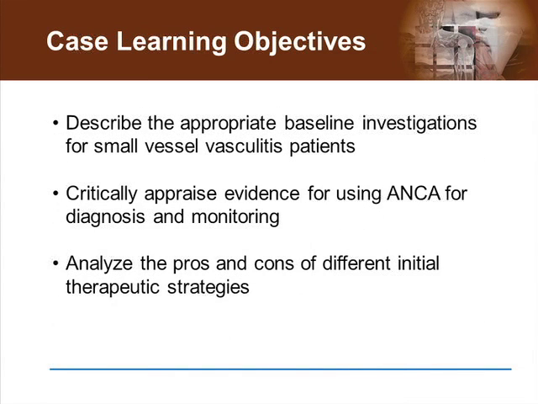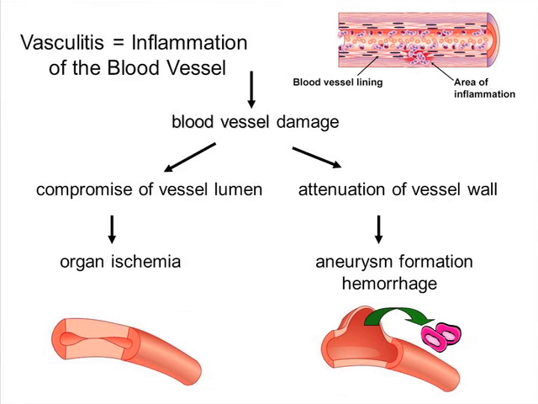The objectives of today's session include to describe the appropriate baseline investigations for small vessel vasculitis patients, to critically appraise the evidence for using ANCA for diagnosis and monitoring, and to analyze the pros and cons of different initial therapeutic strategies. In framing today's discussion, it's important to recognize the definition of vasculitis, which is broad and really refers to inflammation of the blood vessel.